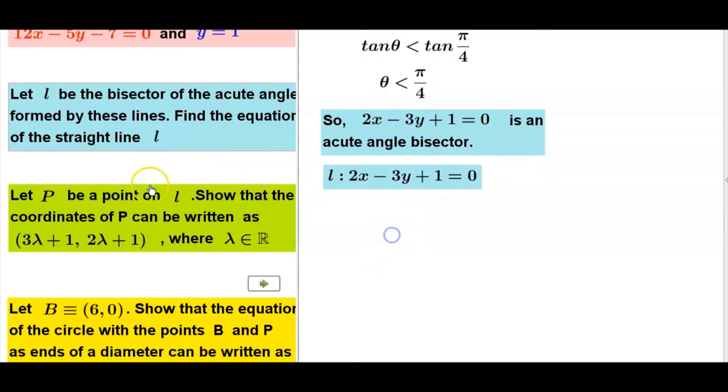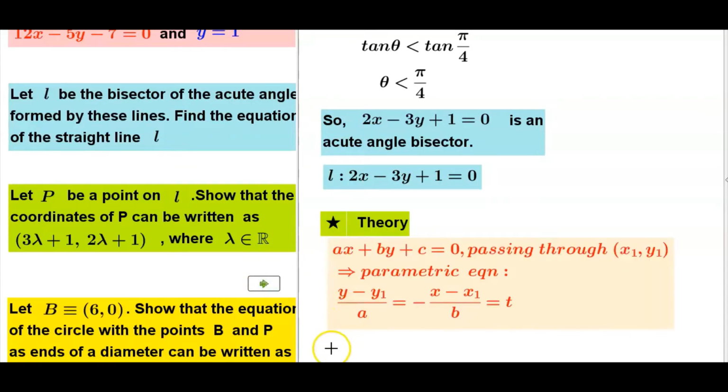Now we will consider this part. Let P be a point on L. We know L is 2x minus 3y plus 1 equal to 0.